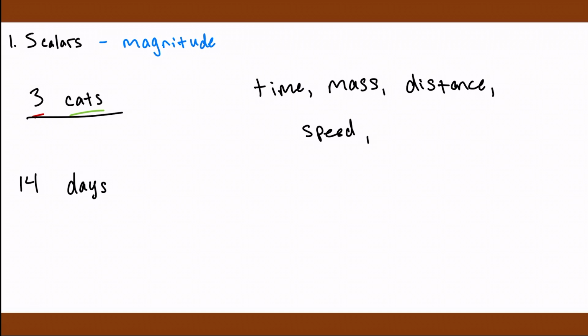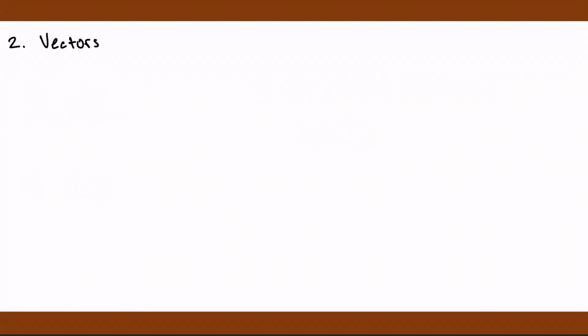So let's now talk about vectors. This is something that has both magnitude and direction. So before we talked about magnitude, and that's the number 3, 14, a million. Those are all magnitudes. But it has, let me make this super clear, magnitude and now direction.